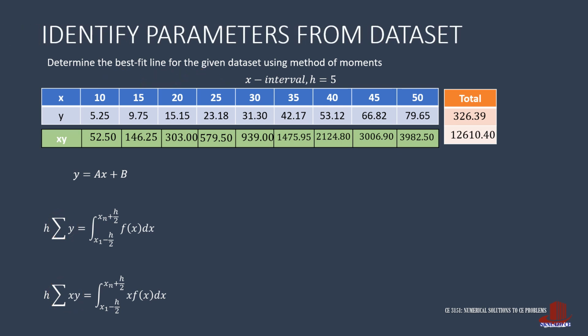Another set of parameters we can take from the dataset are the limits. The lower limit uses the initial x value of 10, then subtract half of the x interval, which is 5, and this gives 7.5. The upper limit considers the highest x value of 50, then add half of the x interval, giving 52.5.